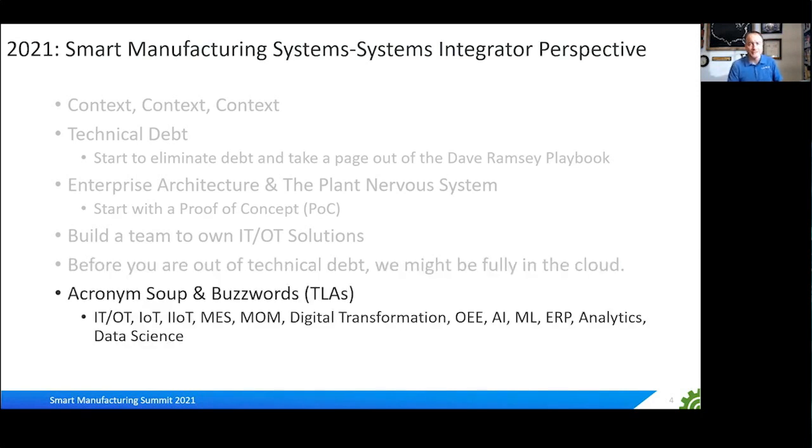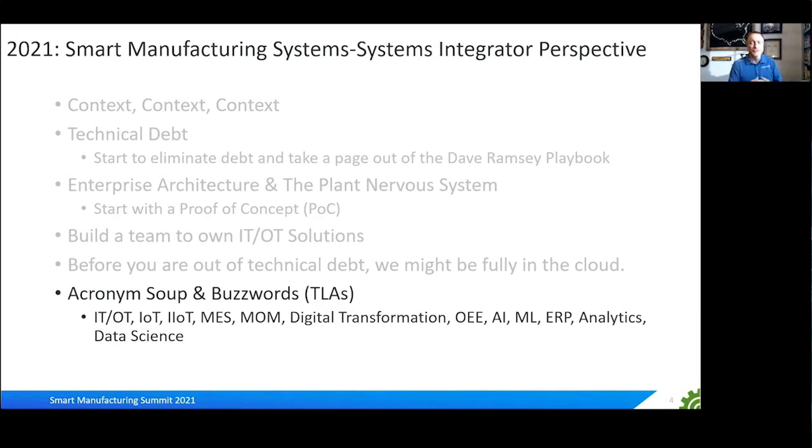And then this last bullet I have is just, we throw around a lot of TLAs. That's a 3-letter acronym. We throw around a lot of buzzwords, and we talk about digital transformation. Starting 25 years ago as an MES integrator, there's nothing new under the sun. We're doing the same type of thing.